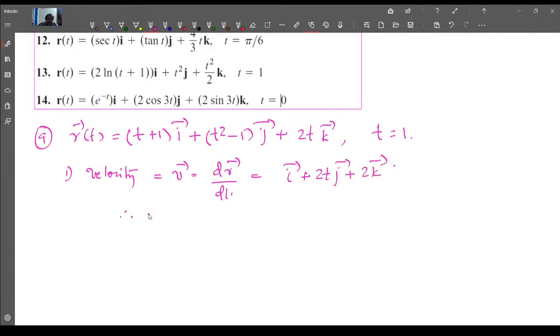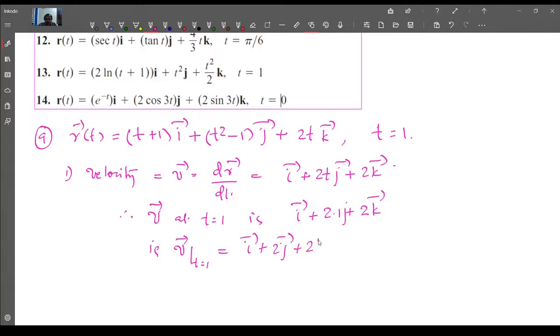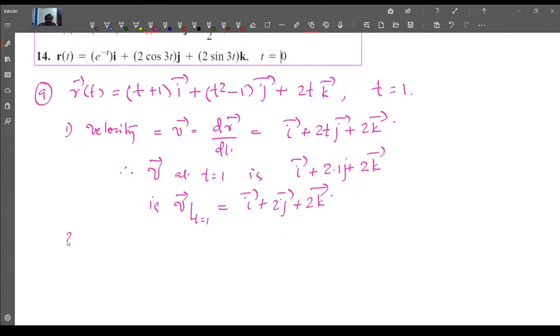Therefore v at t equal to 1 is i plus 2 into 1 j plus 2k. So v at time t equal to 1 is equal to i plus 2j plus 2k. Now we find acceleration.